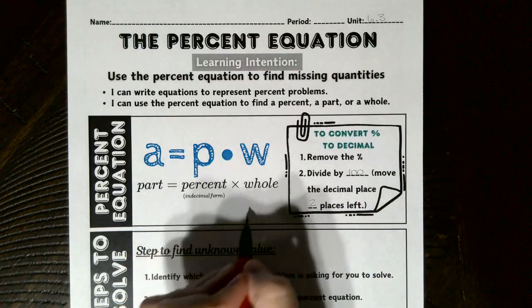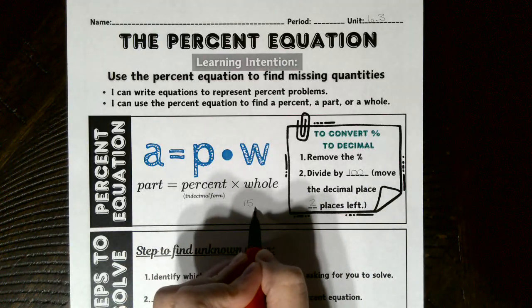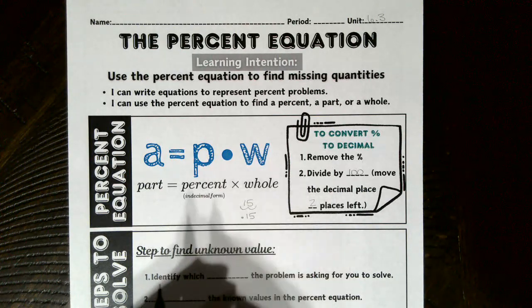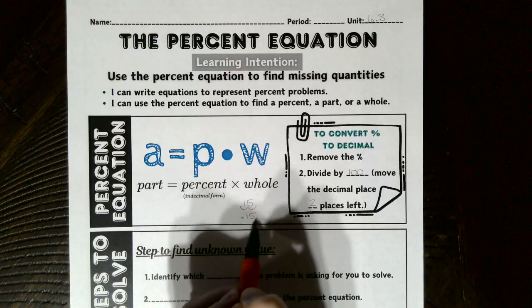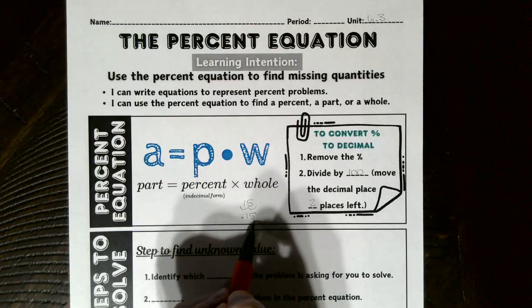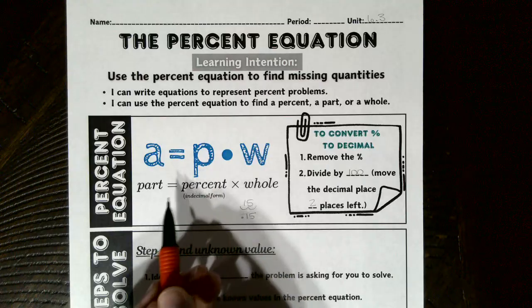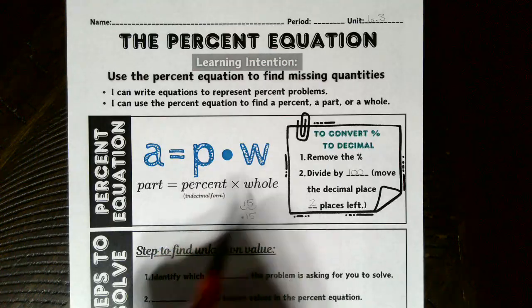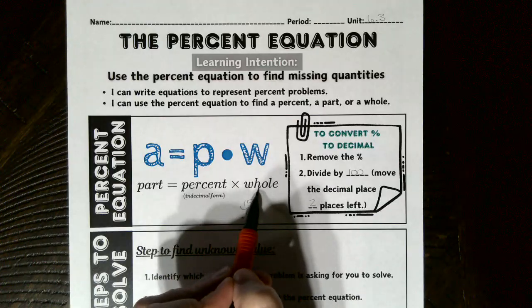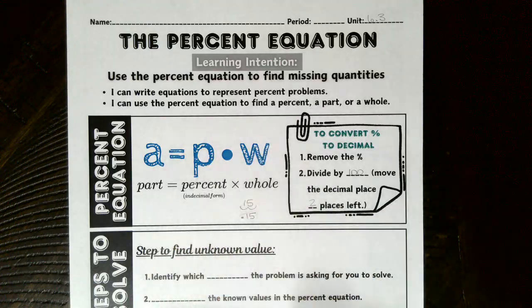Say I had 15%, I would move the decimal two places. I would not write just a regular 15 in here if it was 15%. I would need to write it in its decimal form, so it would be 0.15. And then I would multiply that by the W, which is the whole.